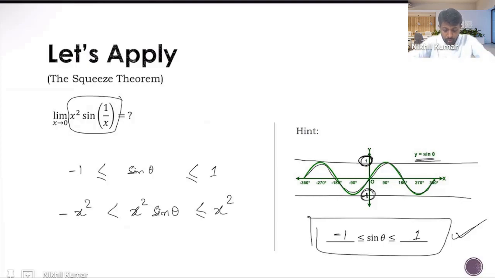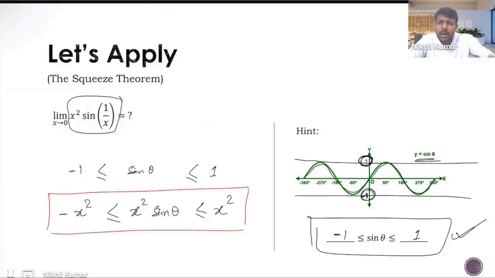Does this part look something similar to our squeeze theorem or the sandwich theorem?